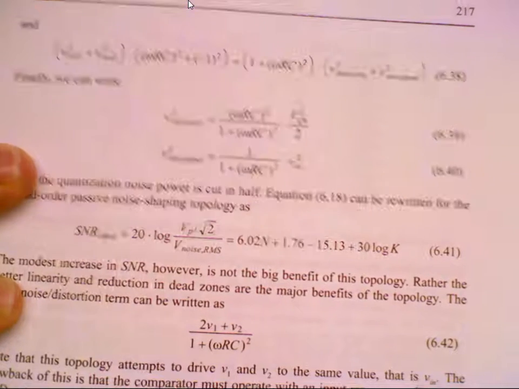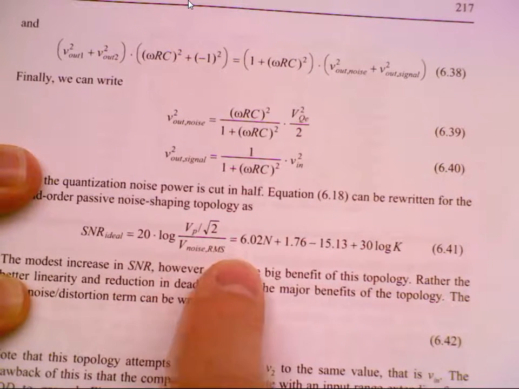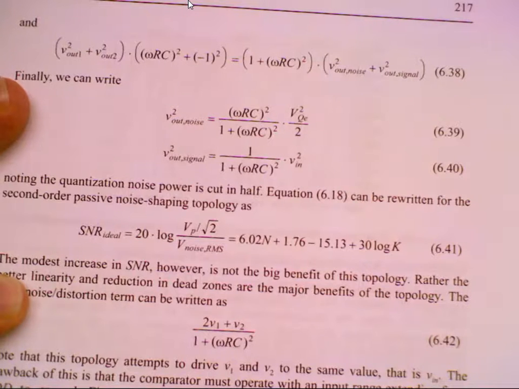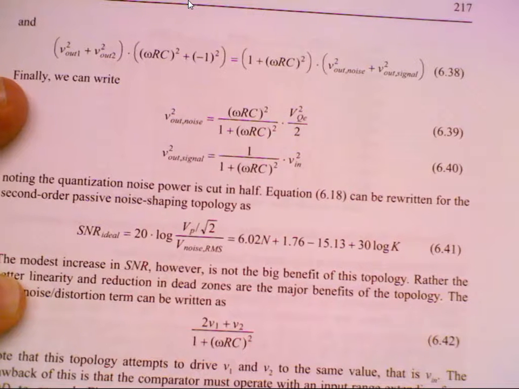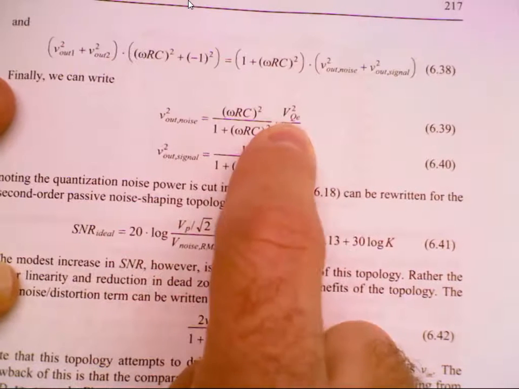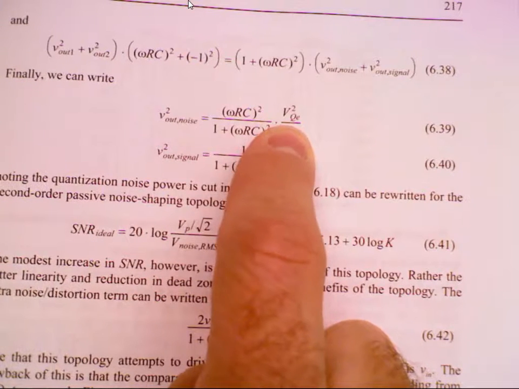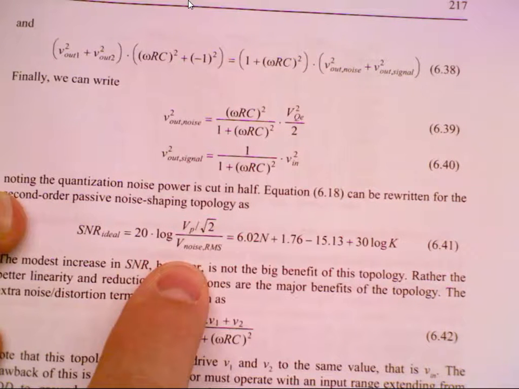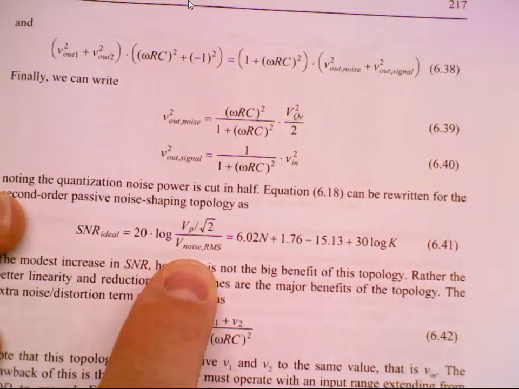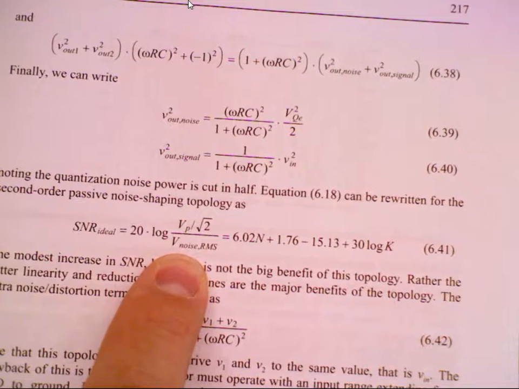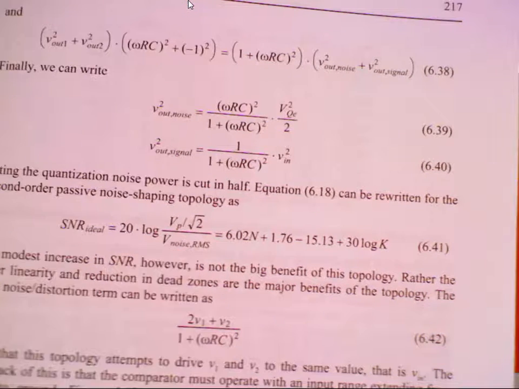Well, yeah, you could argue there's other issues, but the problem is this topology isn't super practical. I don't know what you mean about the VQE, because VLSB would be VDD. Oh, you mean here for the V noise RMS? I think we integrated that earlier.